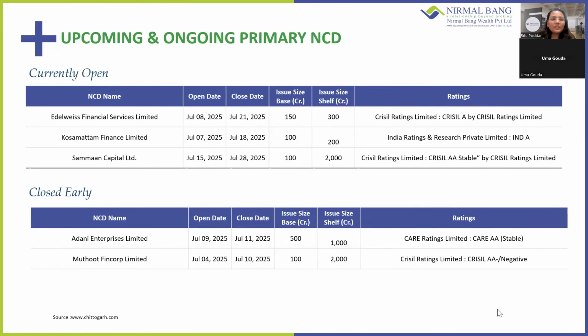So new NCDs keep coming, and this is also because of the debt side. One thing we have to understand is that the interest rate scenario is going down, and interest rates are coming down rapidly. In this scenario, hardly any rate of interest is what they are getting from the bank.